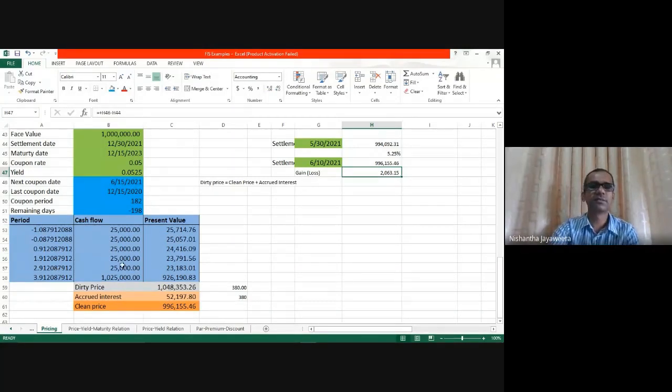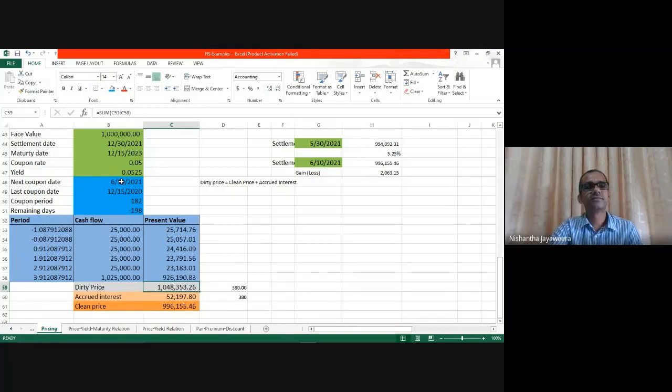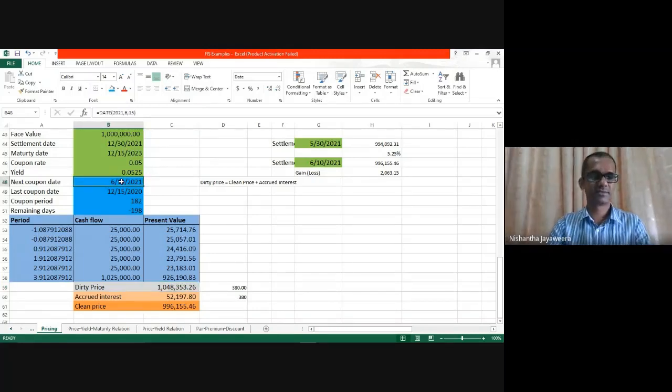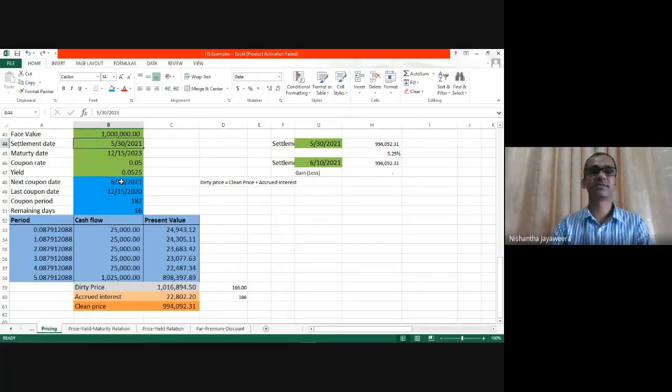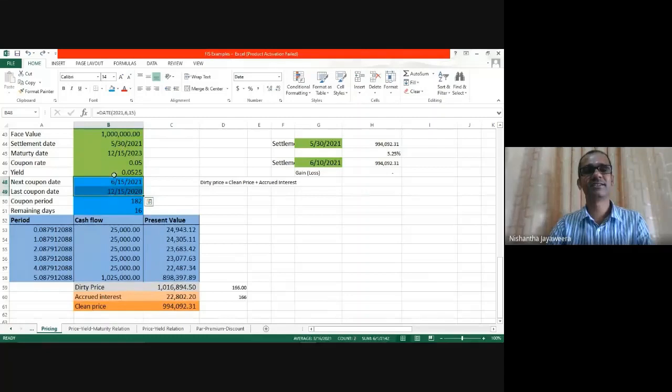But we may have to make a change here: the next coupon date and so on. We have to change this one as well. Even the previous calculations may be affected. We have to change this whenever we change the settlement date.